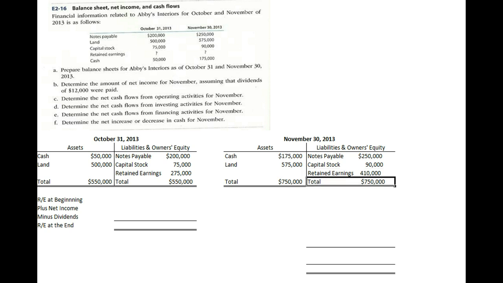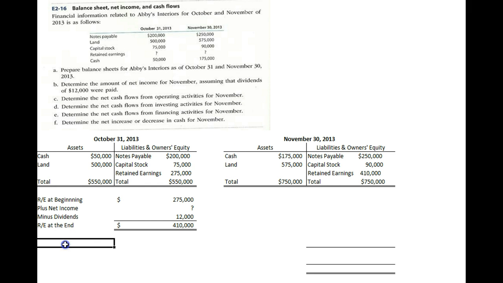Okay, so now we know how much our retained earnings are at the beginning of November and at the end of November. Remember our formula: retained earnings at the beginning plus net income minus dividends, and the book tells us that we paid $12,000 in dividends, must give us retained earnings at the end.